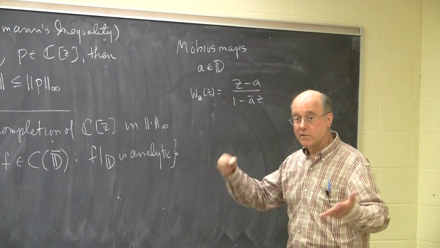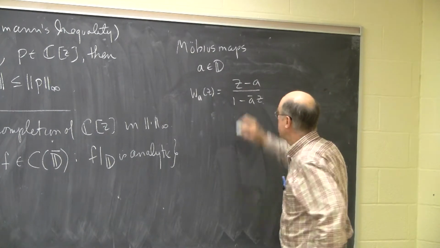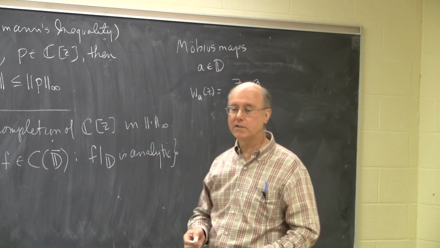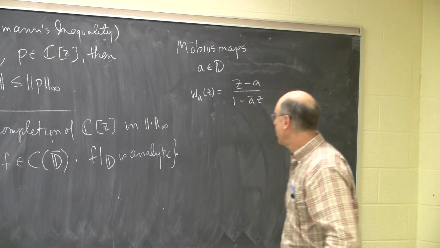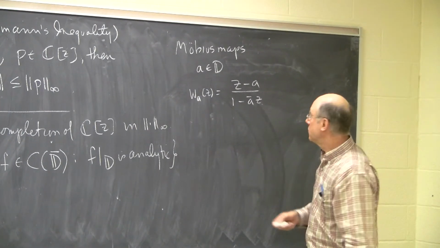So if you've taken a complex analysis class, you know that this is an analytic function that maps the extended complex plane one-to-one onto itself, the Riemann sphere. And it's easy to see that this takes the circle to the circle.